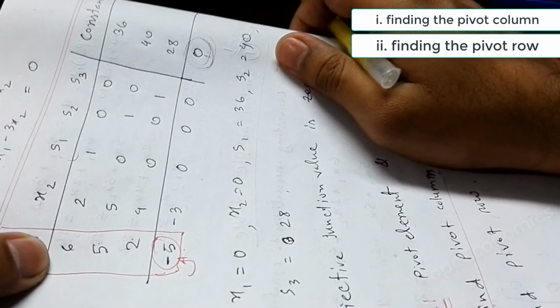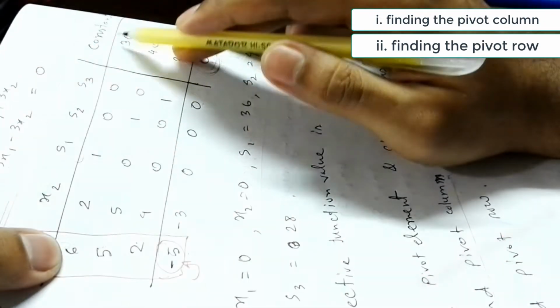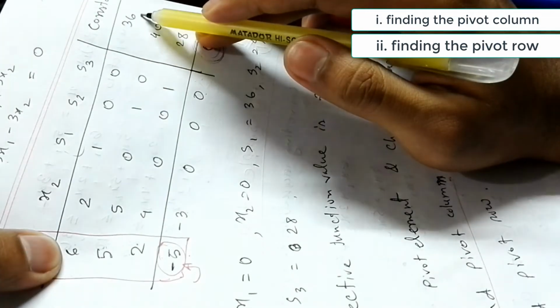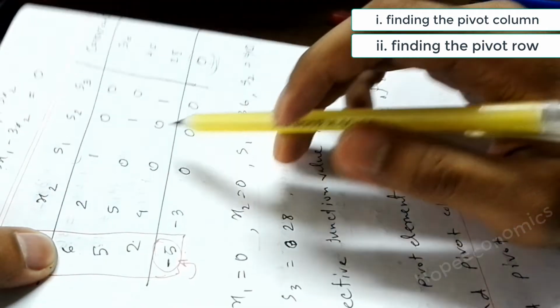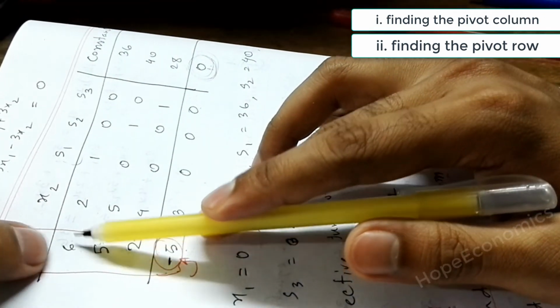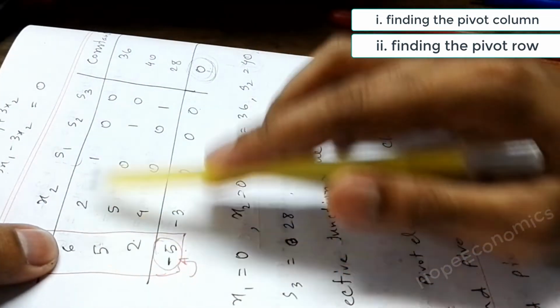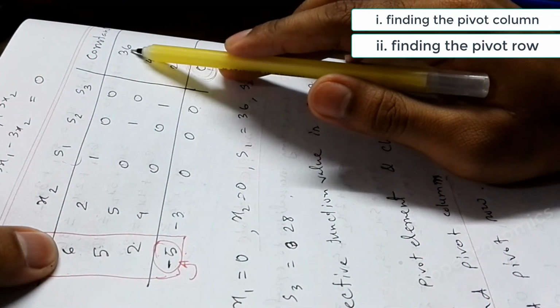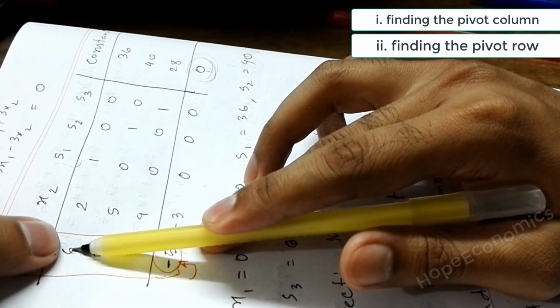Finding the displacement ratio, we already know how to do it, it's very simple. You have to divide the constant by the same row's pivot element. Like this is our pivot column element. So in case of 36, you have to divide 36 by 6.